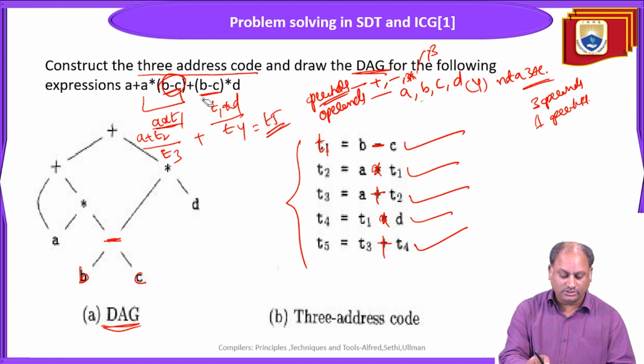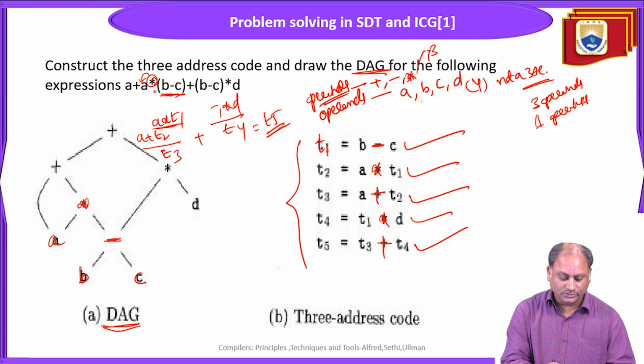Then star is the internal node, to the left we have a, and to the right we have b minus c.